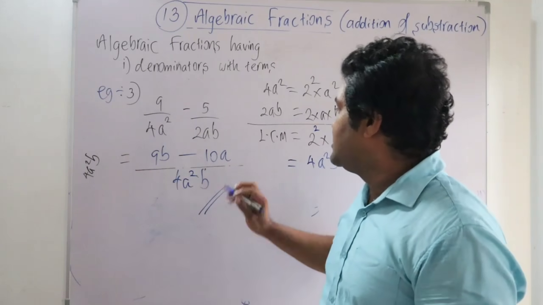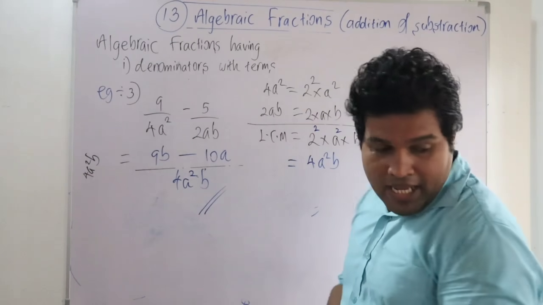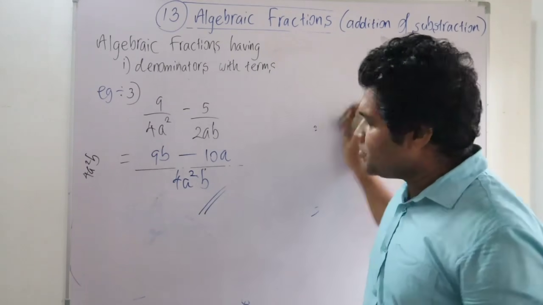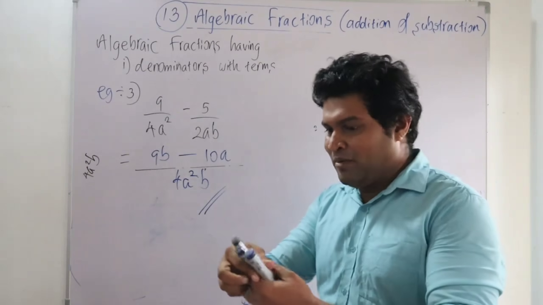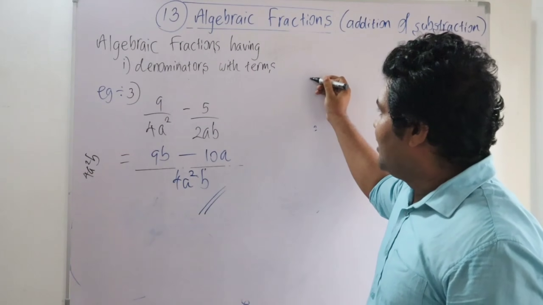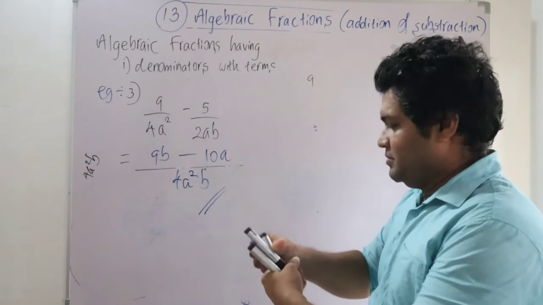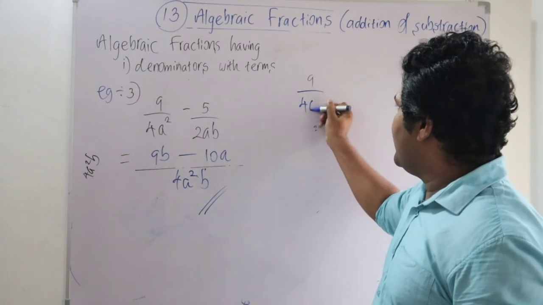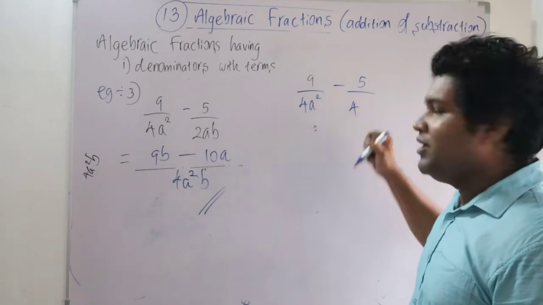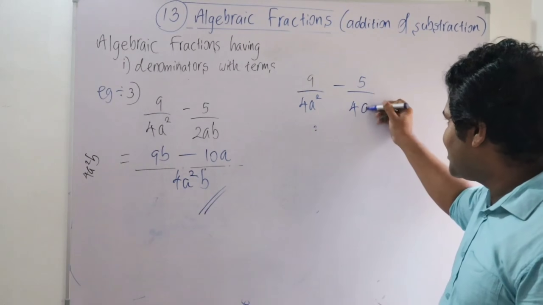Okay, right now this is example number 3. However, I have to give a similar question. Wait. Now you will suffer with what I am going to write. 9 over 4a squared and 5 over 4a squared.